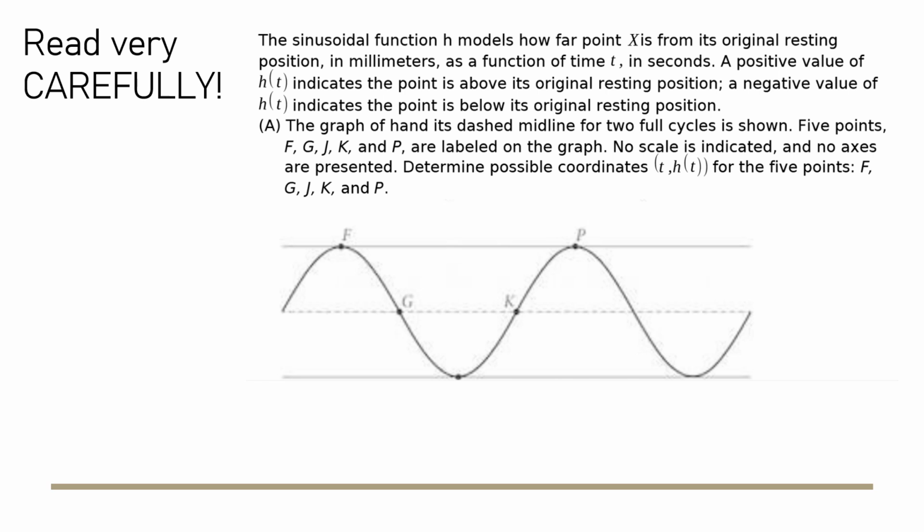Okay, this is where we have to read very carefully. This is where we're being systematic. They tell you how to label this graph here. It's unmistakable the way they say it. They're telling you that the original resting point and then a positive represents above, negative, below.